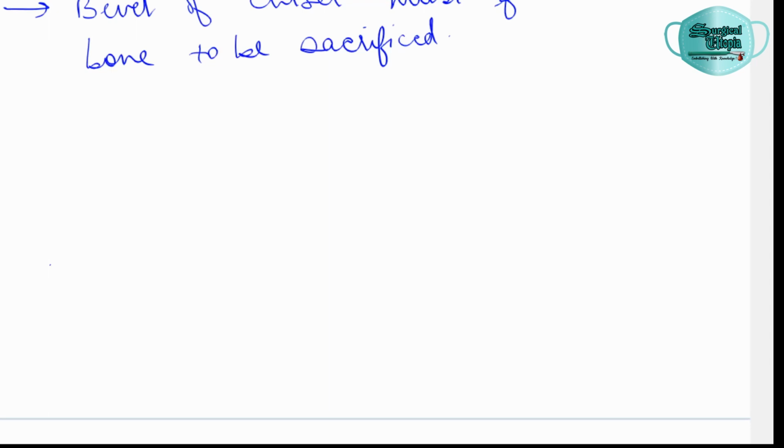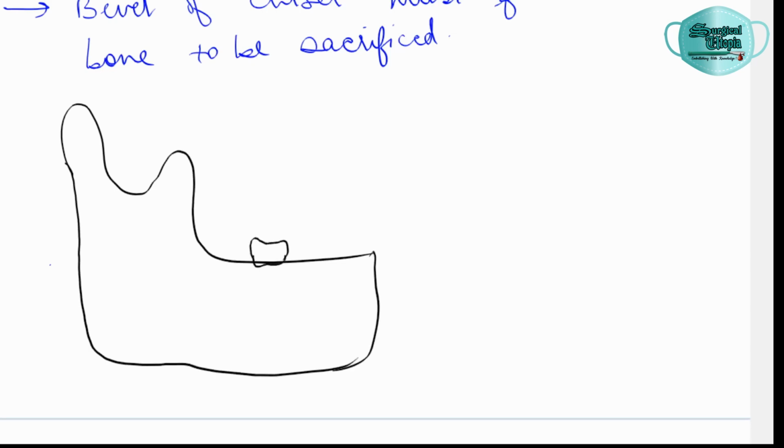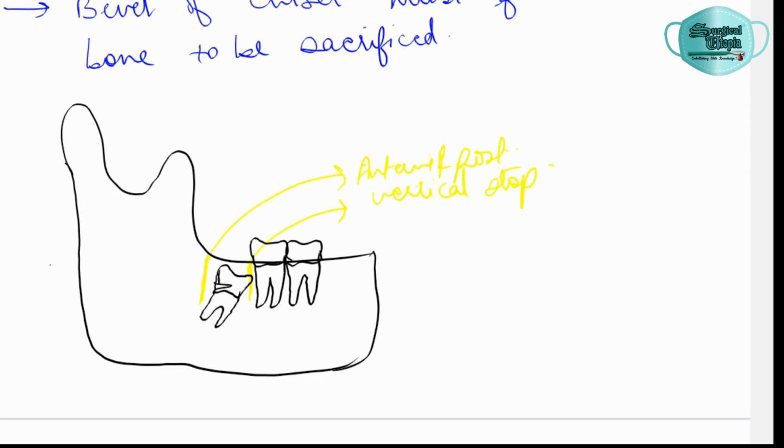So we will quickly draw a mandible over here. This is our vertical stop in the anterior direction, and this is our vertical stop in the posterior direction. The extent of the anterior vertical line will be 7 mm, and that of the posterior vertical stop will be 5 mm. Then the chisel is kept in a horizontal direction.